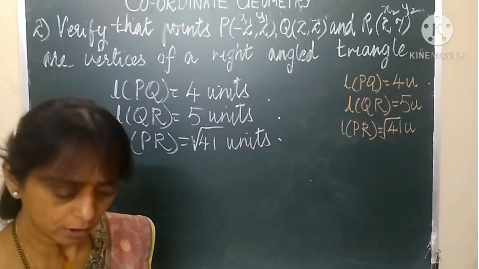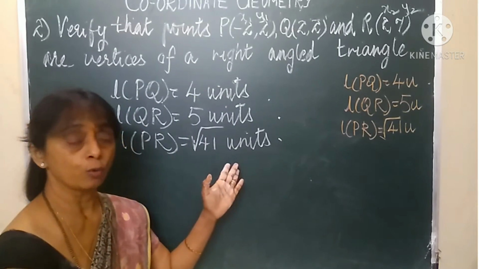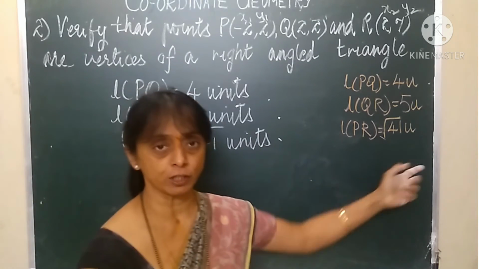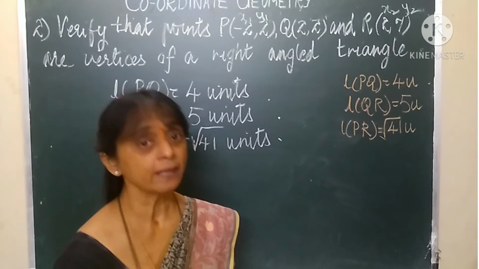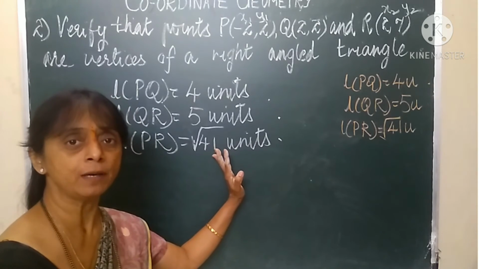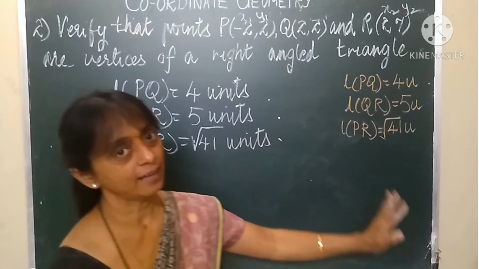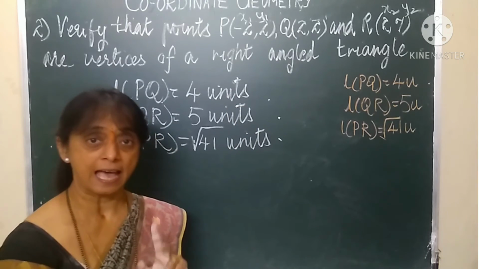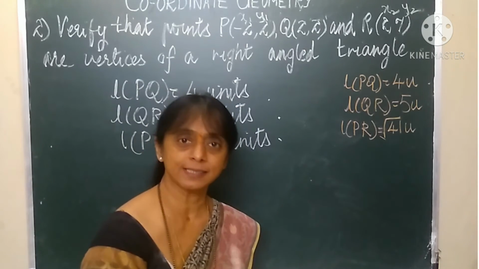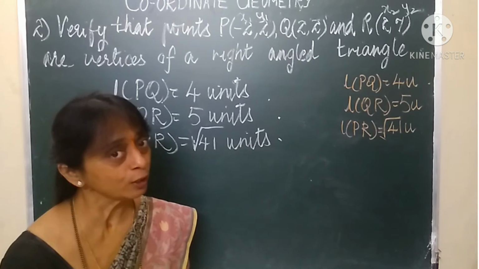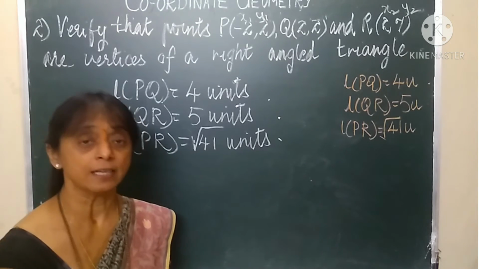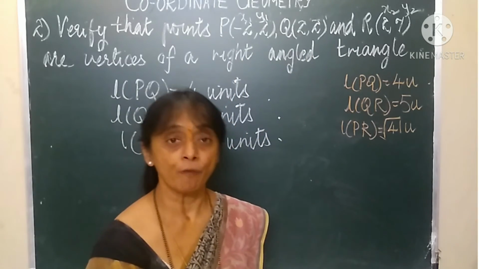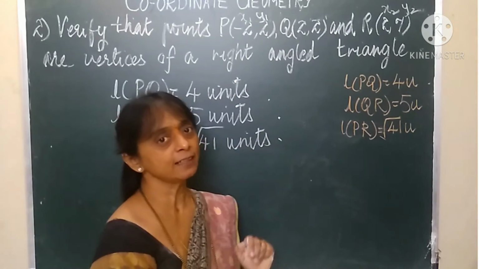Now, which answer or which number, 4, 5 or root 41, is the greatest? Why? Because we'll have to square that number, and on the other hand we'll have to take the sum of the squares of the smaller two numbers, and if both the answers tally, if both are equal, then we can say that by using converse of Pythagoras theorem, PQR are the vertices of a right angle triangle.